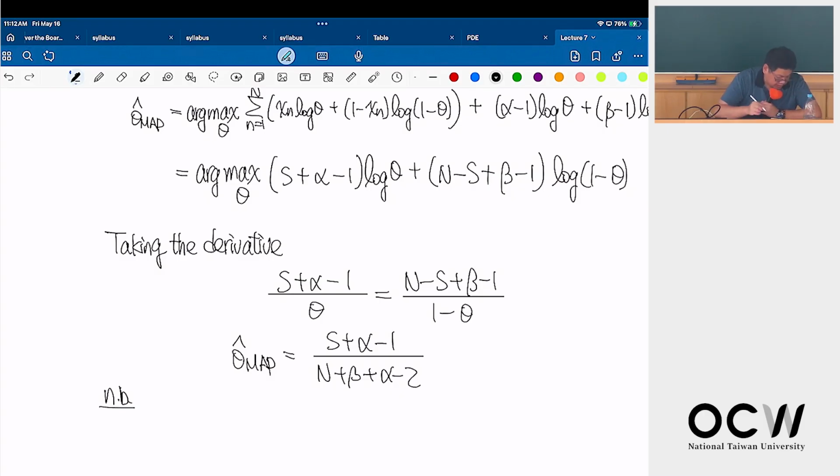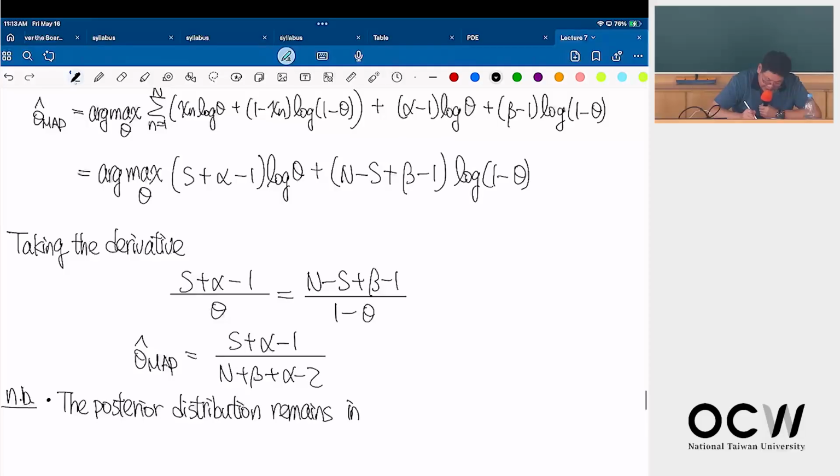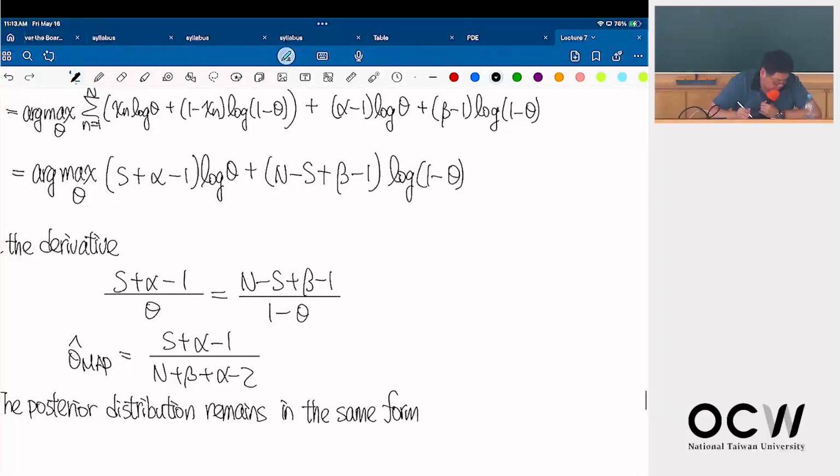So you can see that this posterior distribution still remains in the same form as the prior.